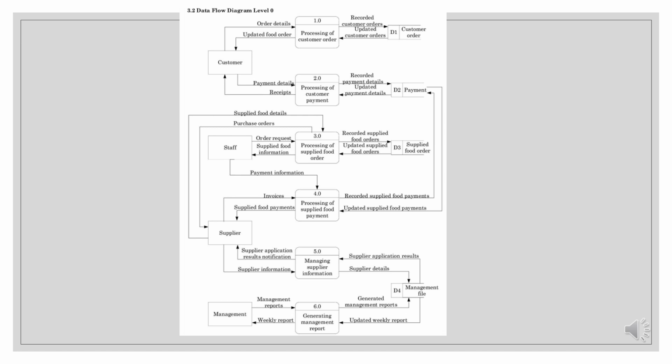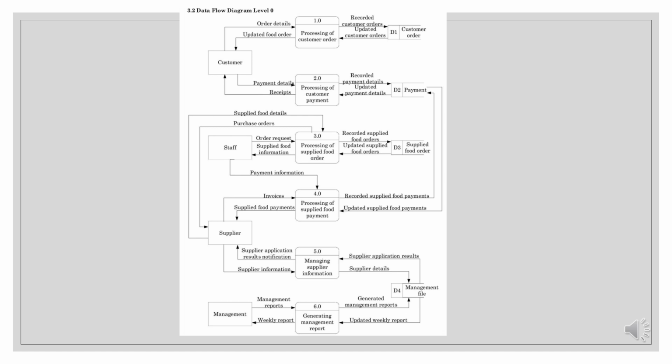The other output of the process 3 is the supply food information to the entity staff, and the entity staff also gives an output to the process 3 which is order request. The other output of the entity staff is the payment information. Another output of the process 3 is the purchase order to the entity supplier, and the entity supplier gives an output which is supply food detail to the process 3.